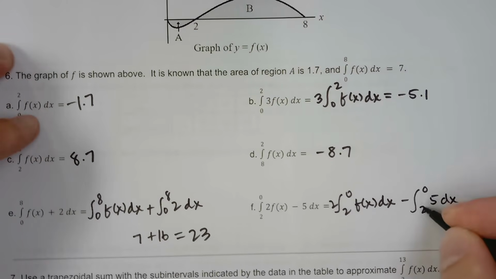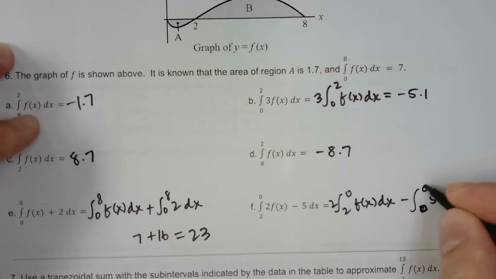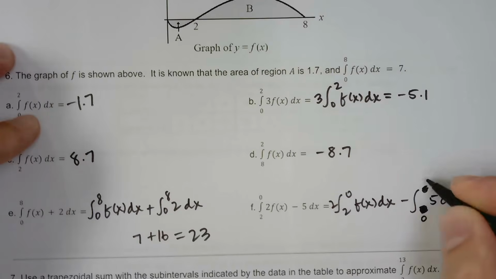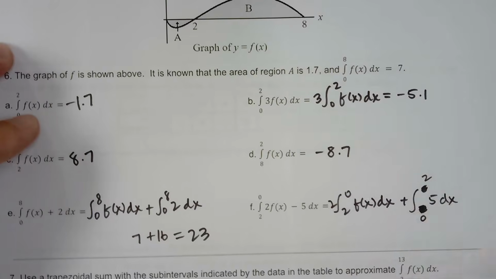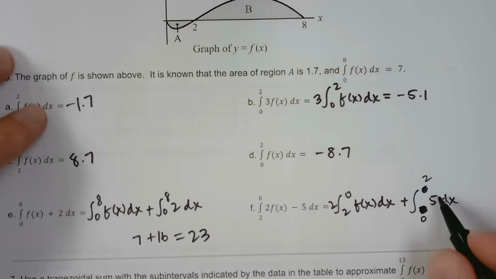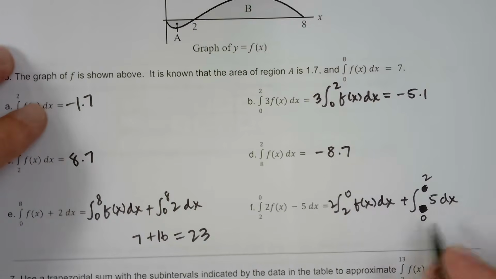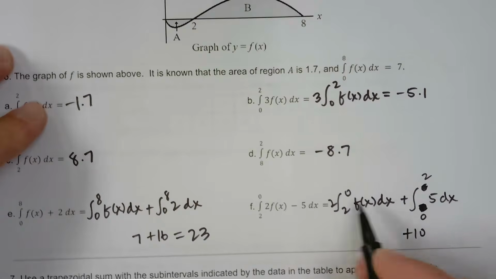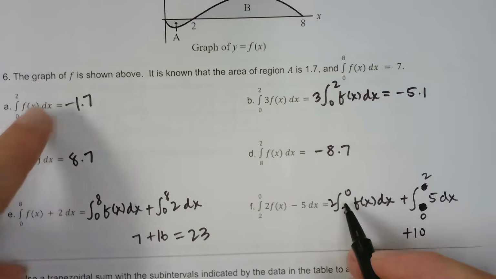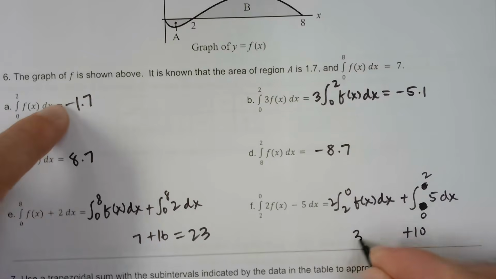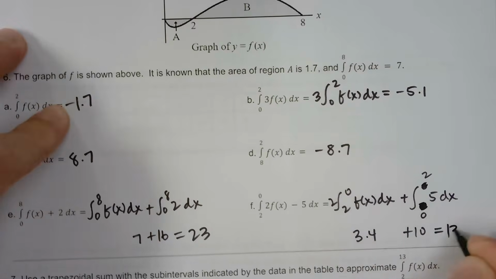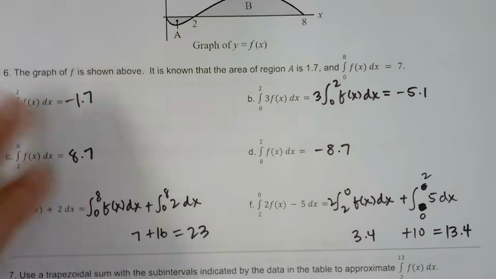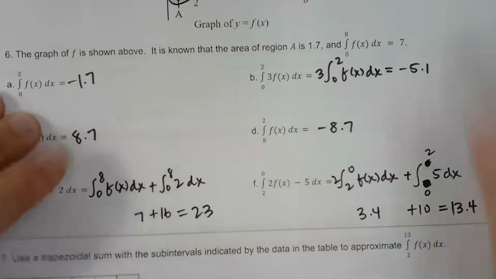This is backwards, so I should reverse the bounds and make the integral negative. Okay, so now it's positive. Height 5, width 2, that's going to be 10. 2 times the negative of this, so that would be 2 times positive 1.7, which is 3.4, and that would be 13.4. That's always a good set of examples there.